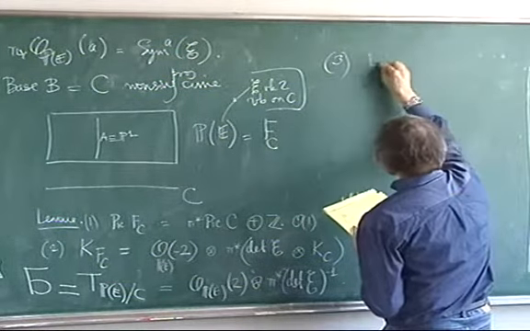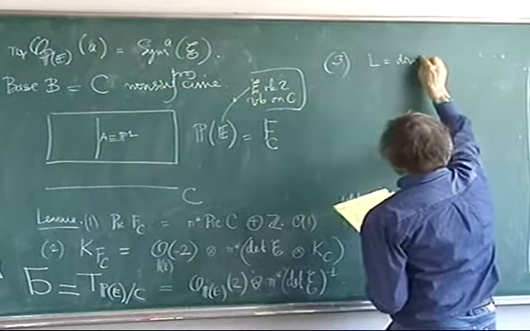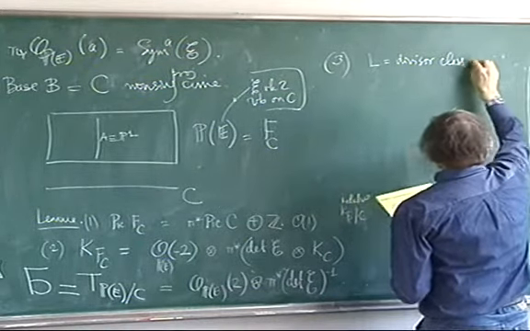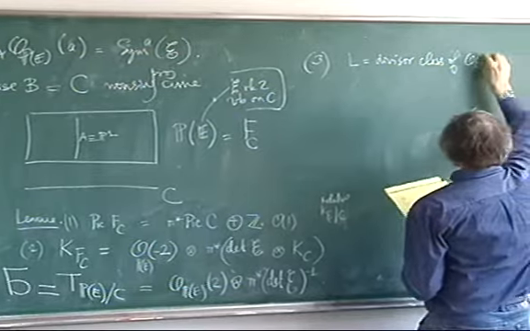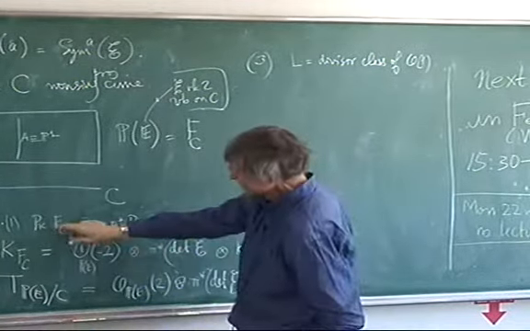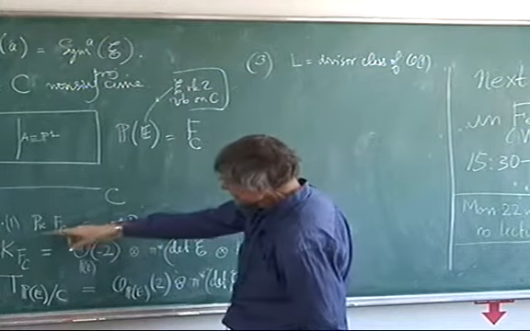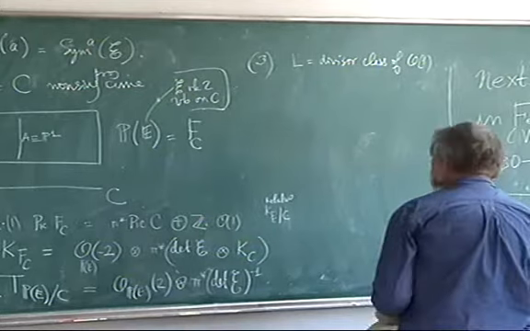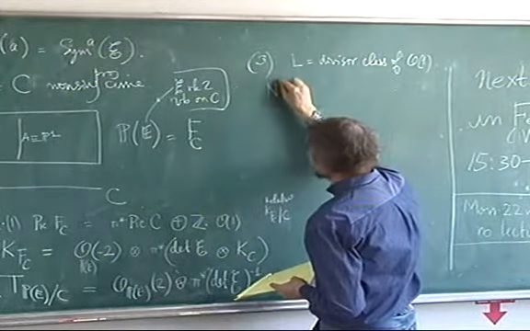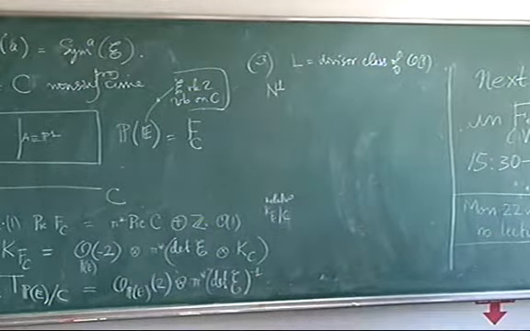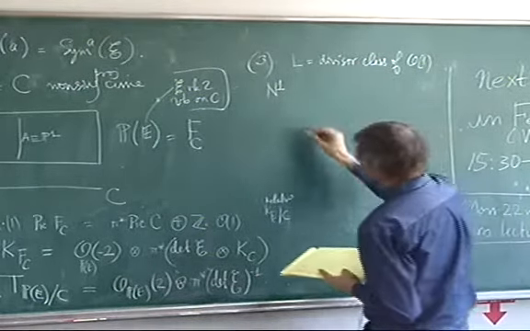If L is the divisor class of O(1), so I've told you what Pic is. Remember, Pic is divisors up to linear equivalence. I can also take divisors up to numerical equivalence, and I get N1, the Néron-Severi group, if you prefer.